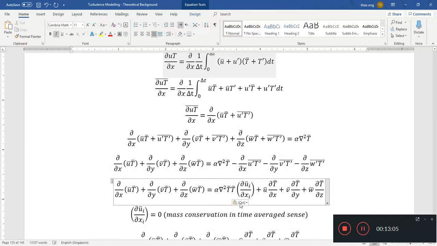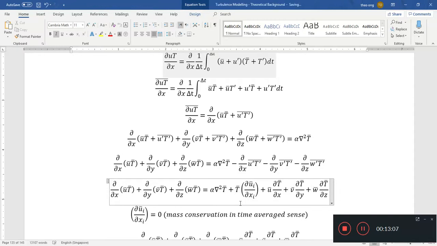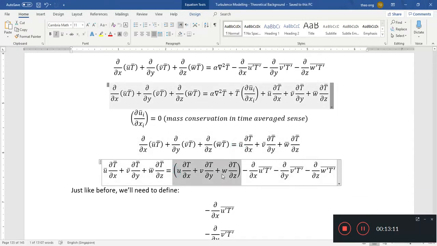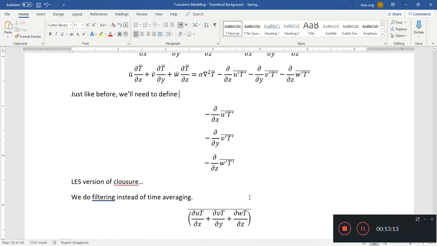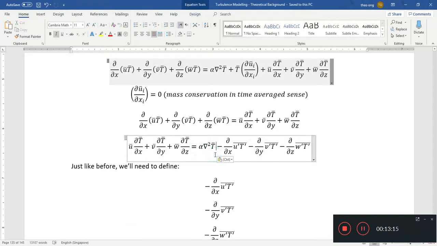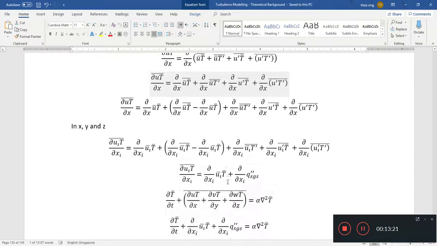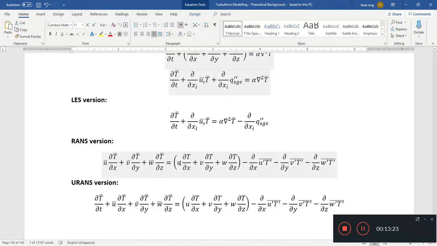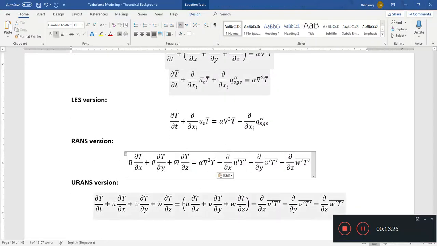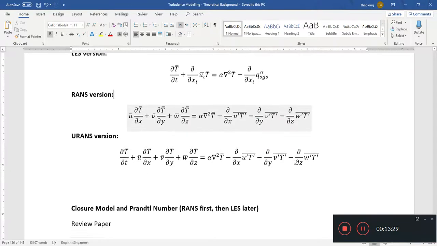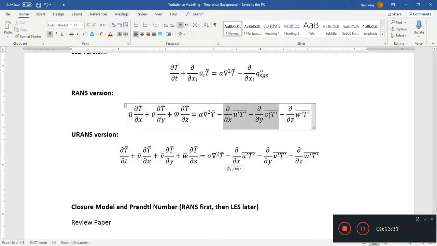That's where the Laplacian term is, and it should be over here. Yes, that's the Laplacian term. All right, so this looks more right now. This one should also come here, the Laplacian term, and then now we start having to do some closure.